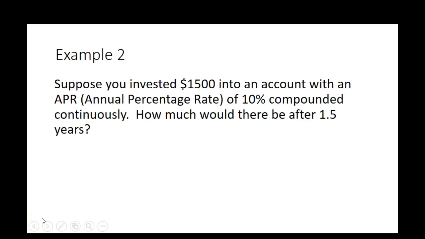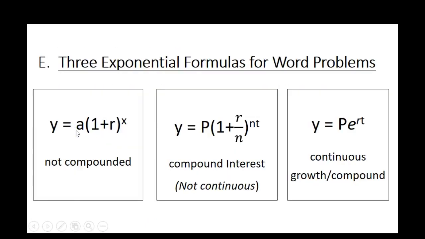So first thing I want you guys to know is we've learned 3 formulas at this point. Okay, this is at the bottom of your notes that I printed for you. We've had the regular exponential formula. We have the compound interest formula, and you know you're going to use that anytime they're talking about compound interest.